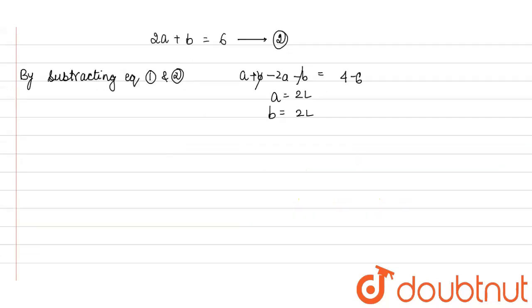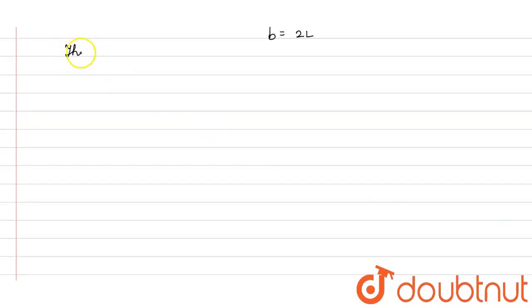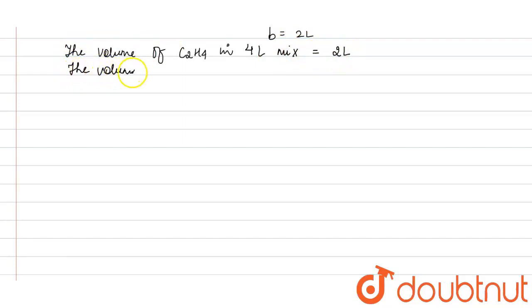So from here the volume of C2H4 in the 4 liter mixture is 2 liter, and the volume of CH4 in the 4 liter mixture is also 2 liter.